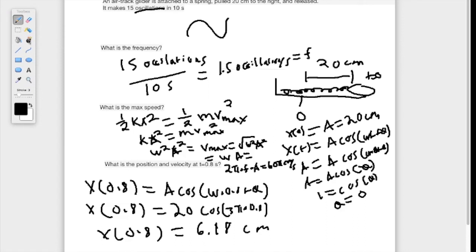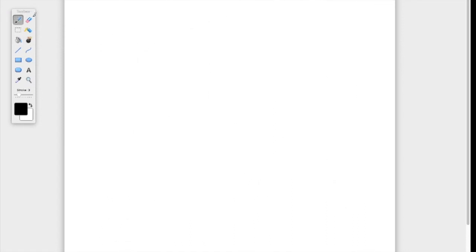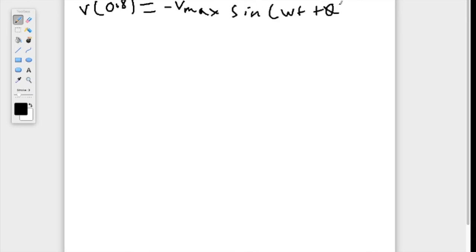Alright, so now let's try to solve for v of t, or v of 0.8. So you can solve it in two ways. It's up to you. You could take the derivative and you'd get this function, v max sine of omega t plus phi.